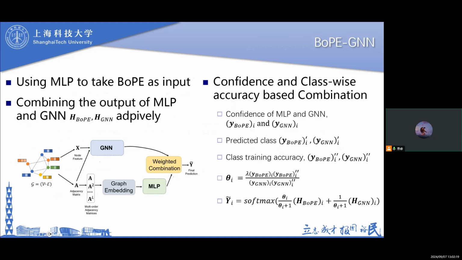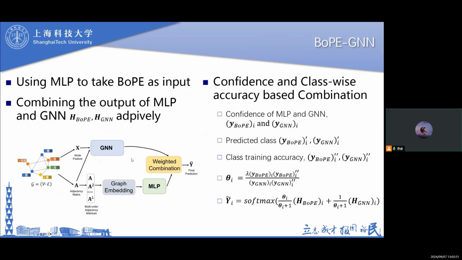BOP-GNN uses a mechanism called confidence and class-wise accuracy-based weighting to weigh HGN and HBOP to get the final prediction. Firstly, we can get the confidence of BOPNet and GNN on each node, and the training accuracy of the predicted class of BOPNet and GNN on each node is obtained during the training process.